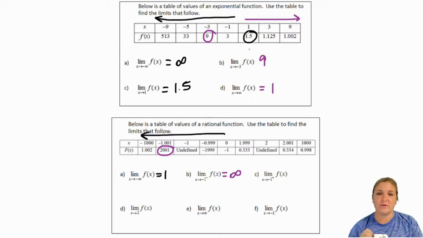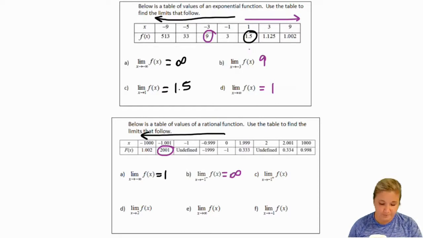You're probably not going to have a limit that's a gigantic number. Okay, I'm not going to say it never happens, but very rarely would you have that. And you definitely wouldn't probably have it given from a table. It would probably be on some sort of graph, but I could be wrong.